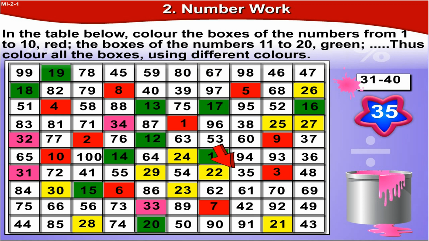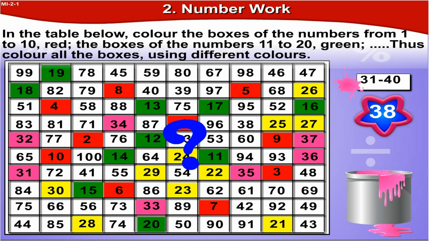Now let us find number 35 and color the box pink. Now look for number 36 and color it pink. Here, find out number 37. Yes, you're right. Now color it pink then. After 37, we have 38.